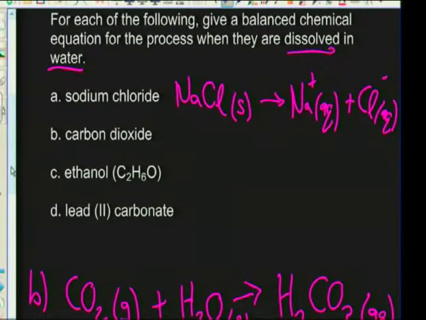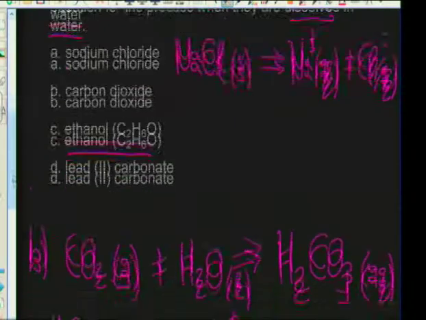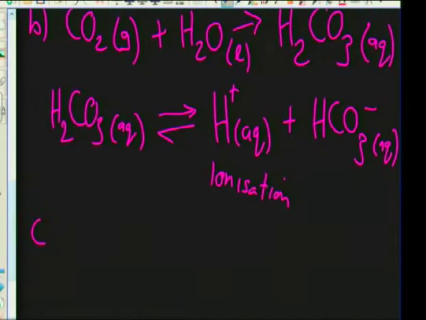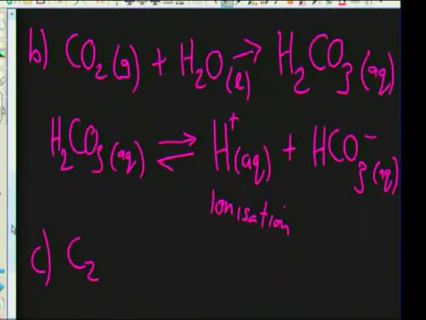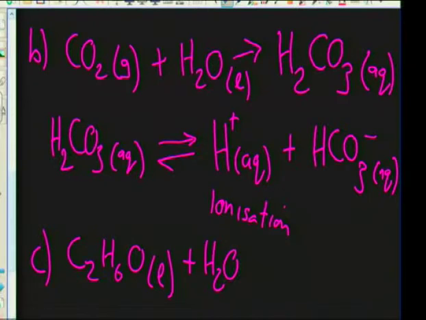Number C, we're going to be looking at the reaction of ethanol in water. What happens? Well, we should know that ethanol, which is C2H6O as a liquid, when we add it to water, it simply forms C2H6O in aqueous solution.